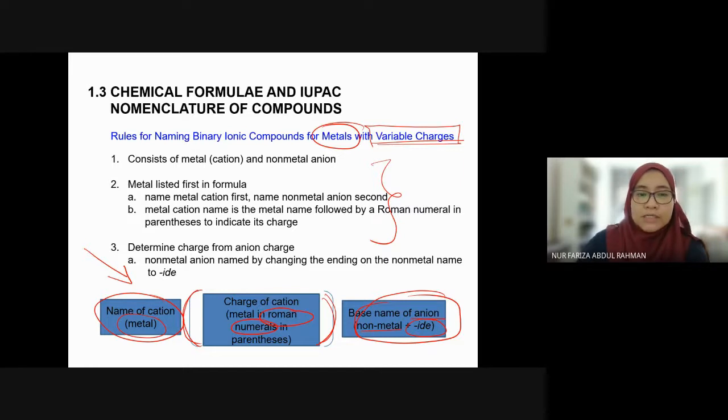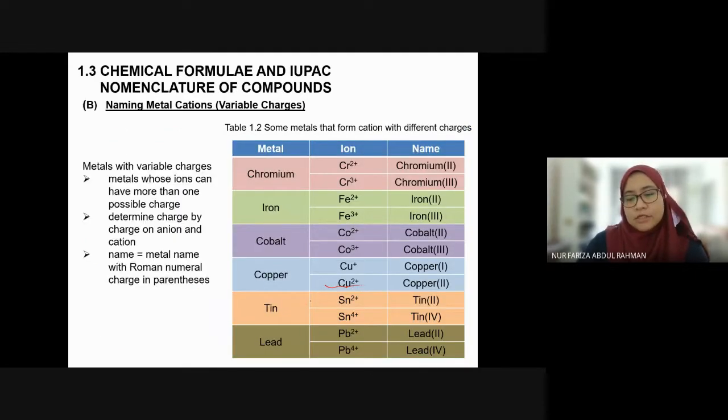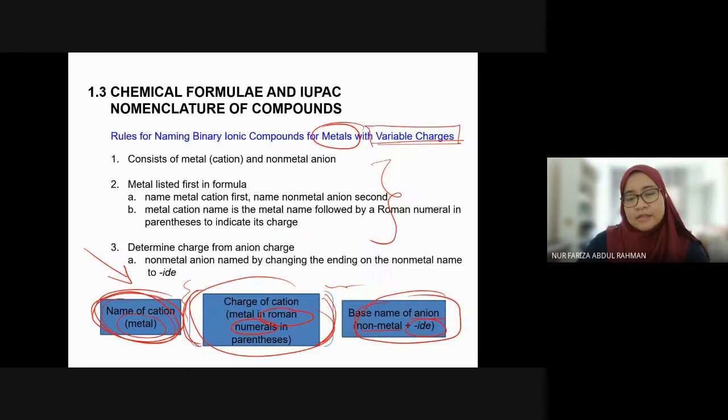One thing I would like to highlight: between the name of the cation and the bracket, there should be no gap. That is just the format, there is no space. But between the bracket and the last name, there should be a space.